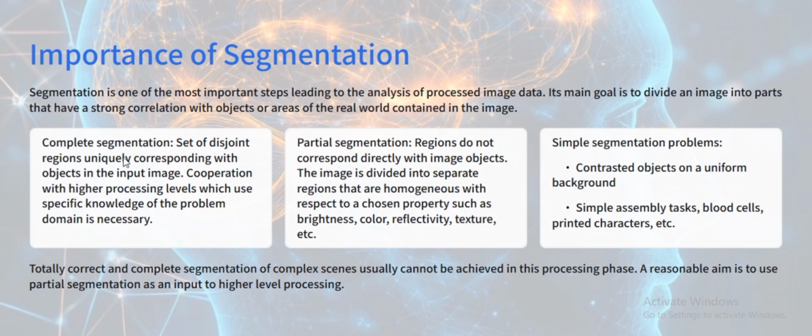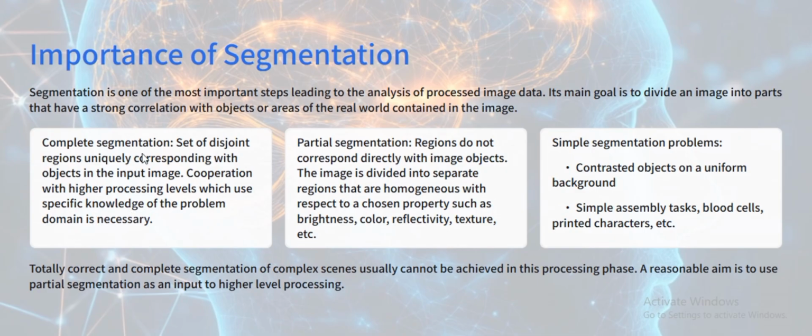There are different types of segmentation that we follow, right? Complete segmentation, partial segmentation, and simple segmentation methods. In complete segmentation, we use a set of disjoint regions uniquely corresponding with the objects in an input image. The cooperation with higher processing levels which use specific knowledge of the problem domain is needed, right?